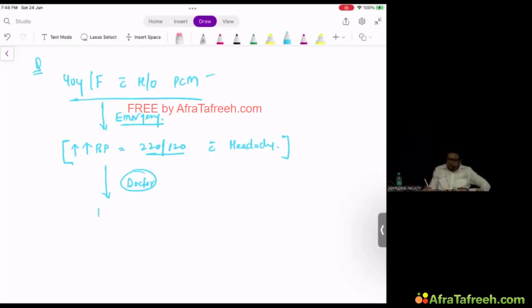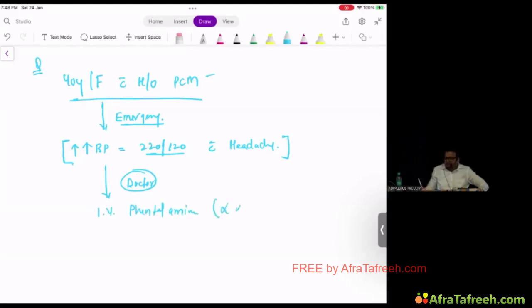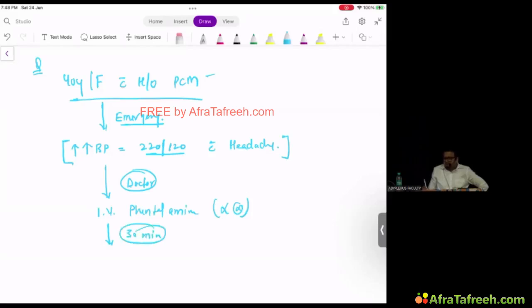Alpha blocker. So in emergency, he will think of which alpha blocker? So he gave IV phentolamine, which is an alpha blocker. 30 minutes later, the patient went into shock with BP of 40/10.